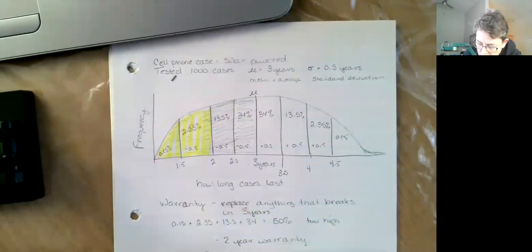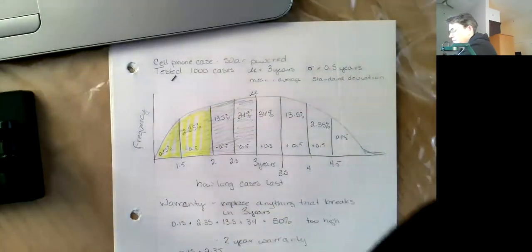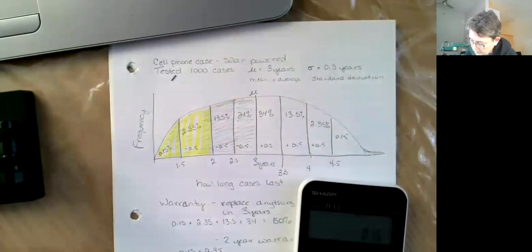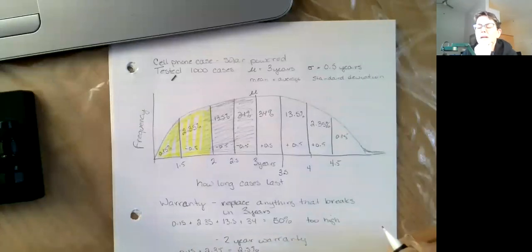So that's going to be 0.15 plus 2.35, and that gives me 2.5%. Well, that's not bad, right? 2.5% replacement.